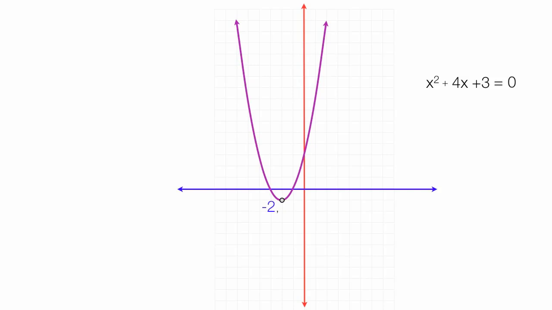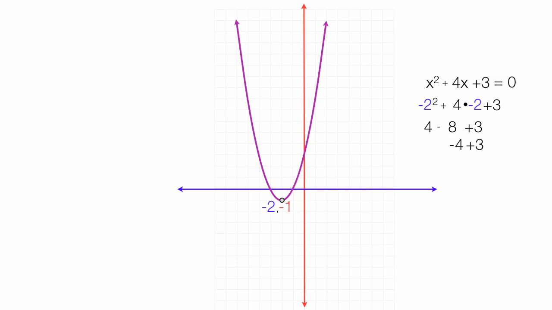So I take that negative 2 and plug it into the equation, and that will give me my y value. 2 squared is 4. 4 times negative 2 is negative 8, plus 3. 4 minus 8 is negative 4, and again, plus 3. This gives me a value of negative 1, and that is my vertex.